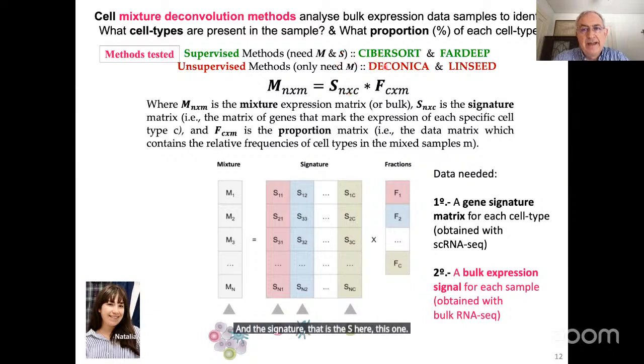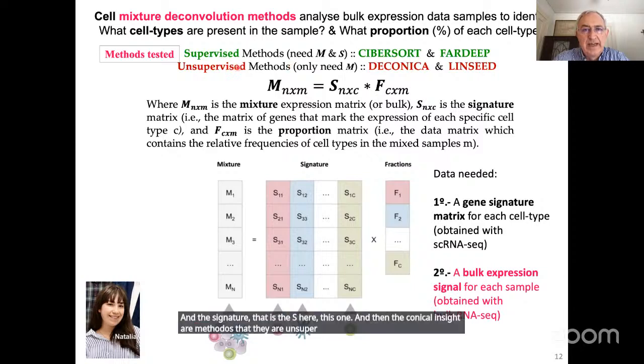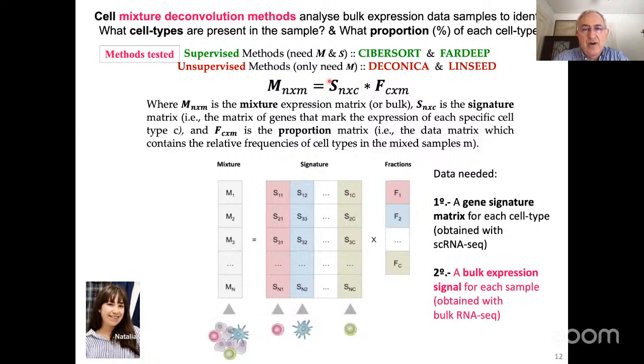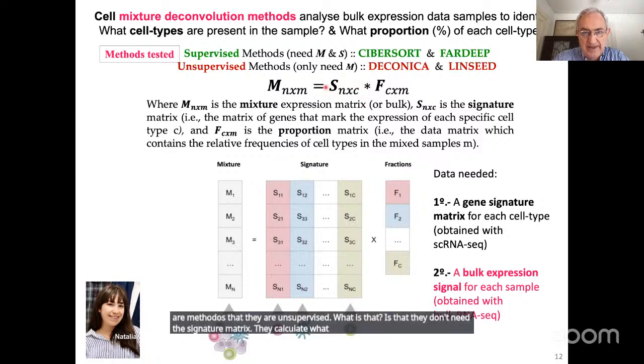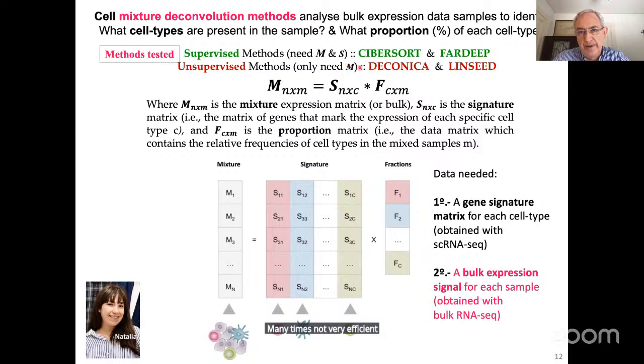And then the canonical linear methods are unsupervised. What is that? They don't need the signature matrix. They calculate which genes are better assigned to the different cell types. This is more difficult to do computationally, many times not very efficient, but we try to compare those methods.